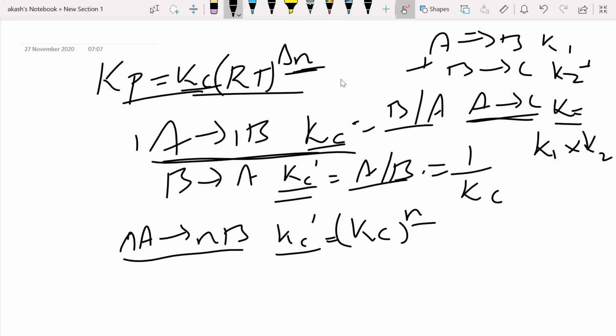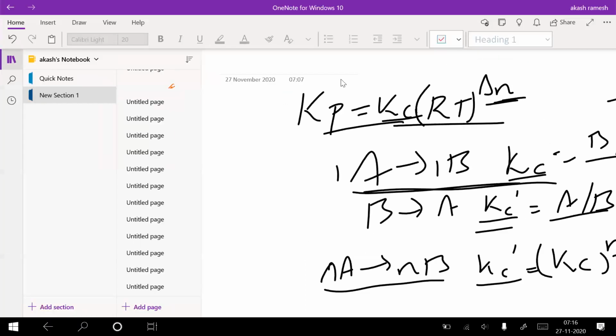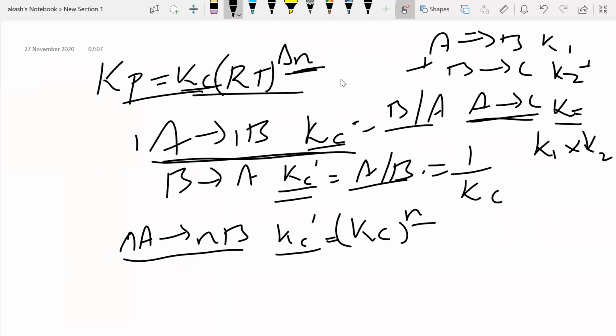For deciding whether it is going to move forward or backward, what is the term called? That reaction quotient. Yes, it's called the reaction quotient. So the reaction quotient is denoted by the letter Q. Hope you remember.